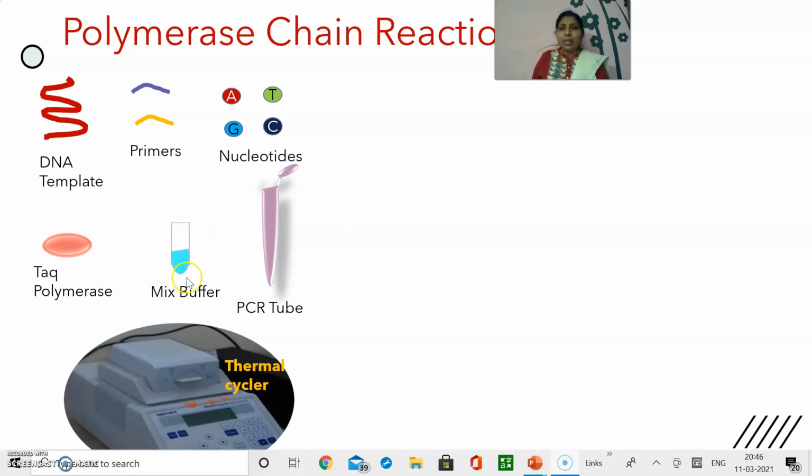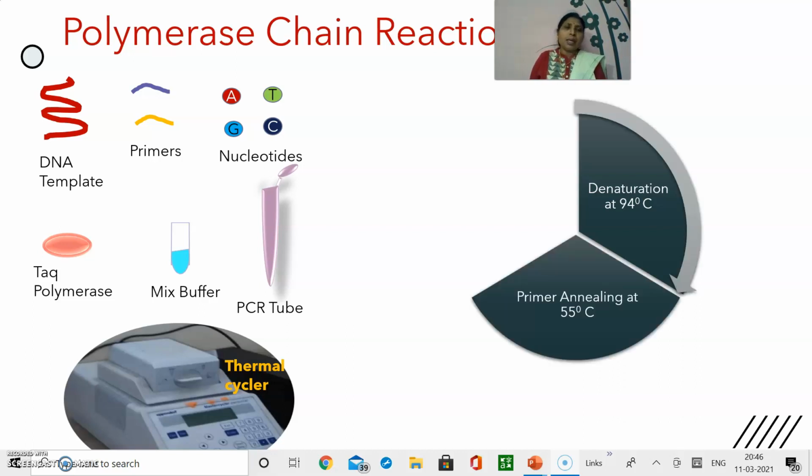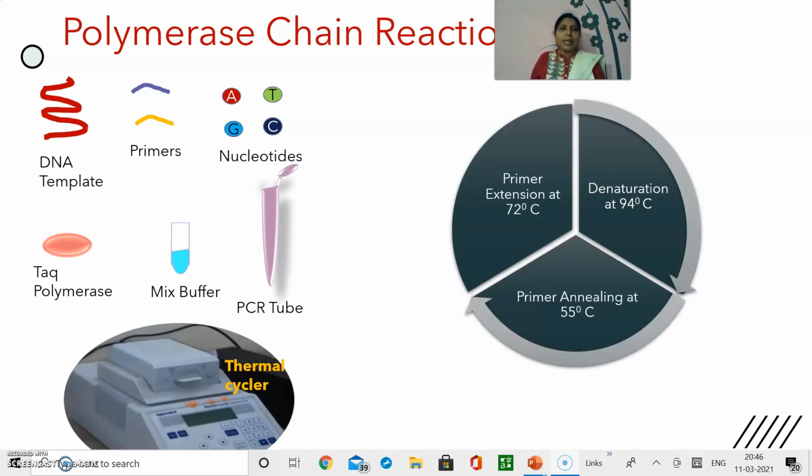This reaction mixture is added with a drop of mineral oil, which stops the evaporation of the mixture during the heating process. The main steps in the PCR are denaturation at 94 degrees centigrade, primer annealing at 55 degrees centigrade, and primer extension at 72 degrees centigrade.